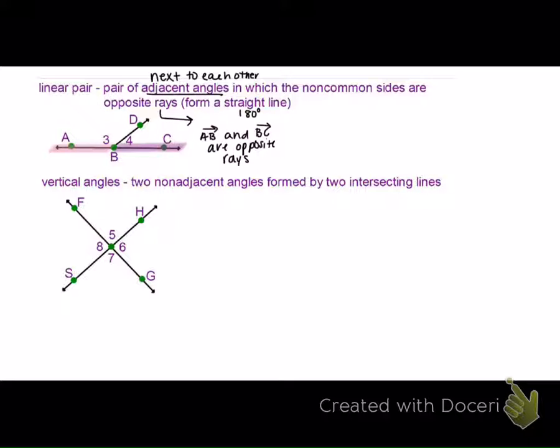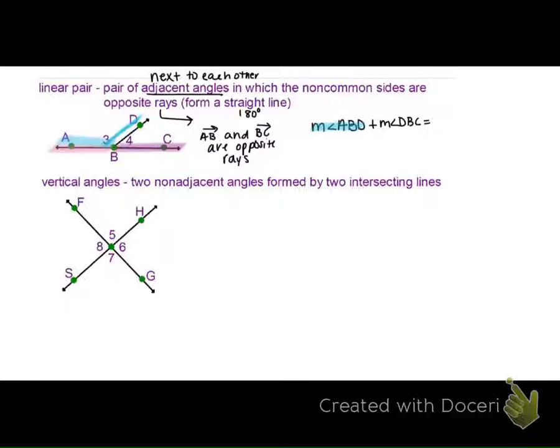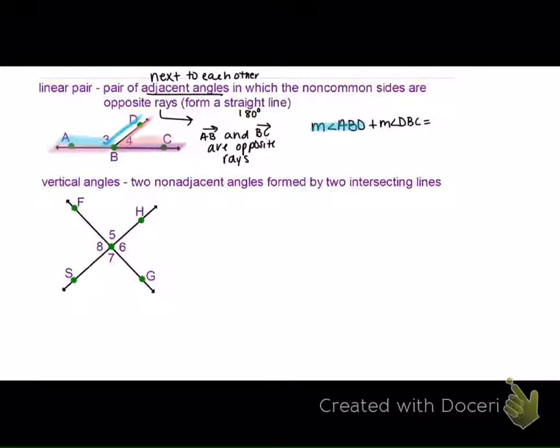They're adjacent because they share the ray DB at vertex B. So what we know about a linear pair is the measure of angle ABD plus the measure of angle DBC has to be what? If they form a linear pair, what does that measure have to be? Brandon? 180. Has to be 180 degrees.